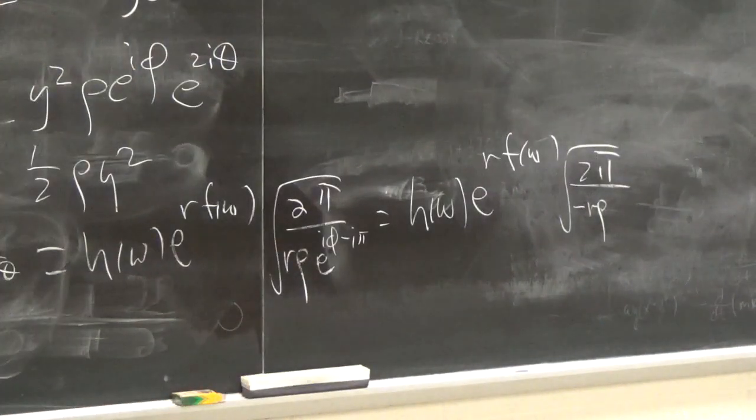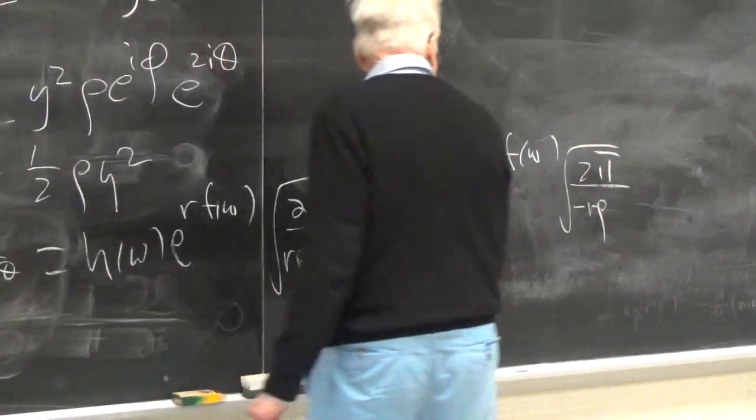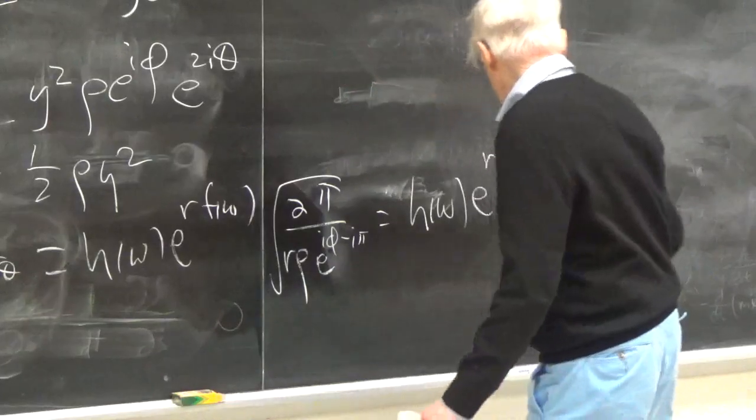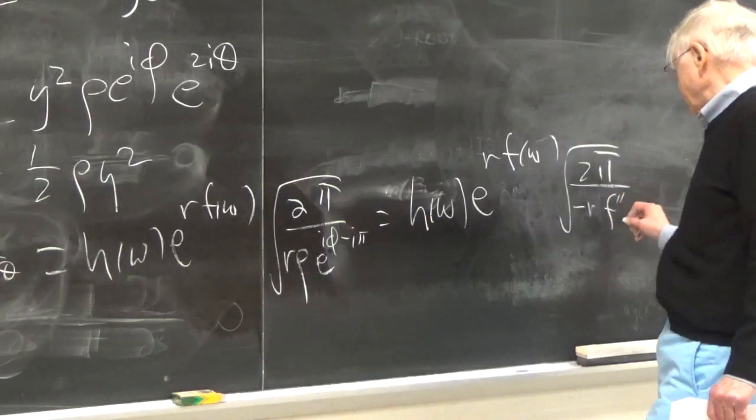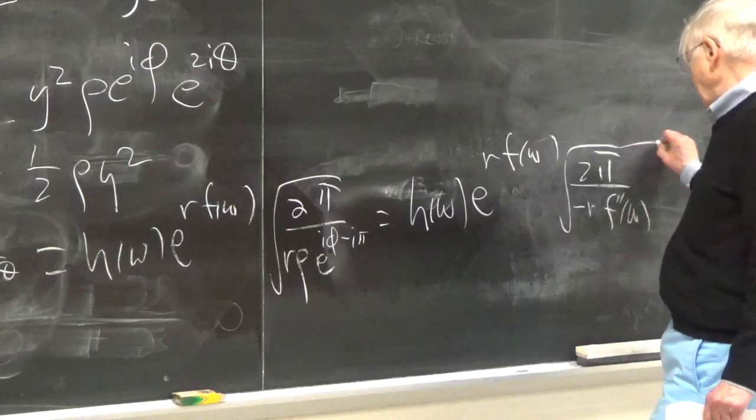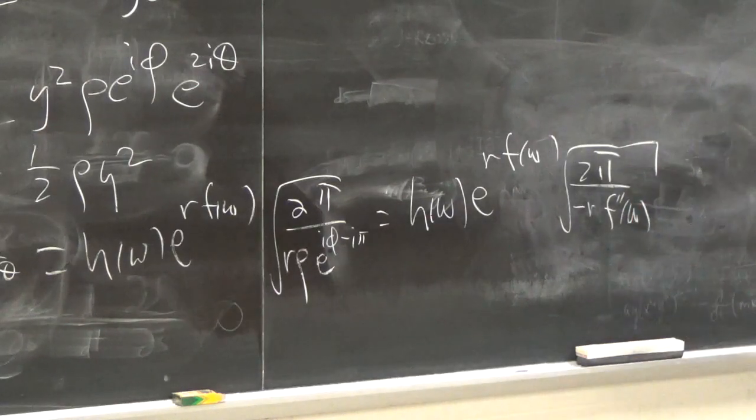Well, rho e to the i phi is f double prime, so let me not write rho explicitly. I can just write this as f double prime at w.